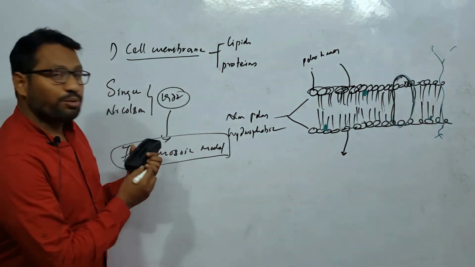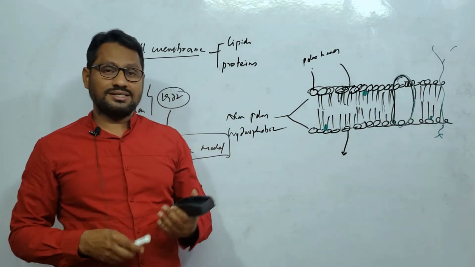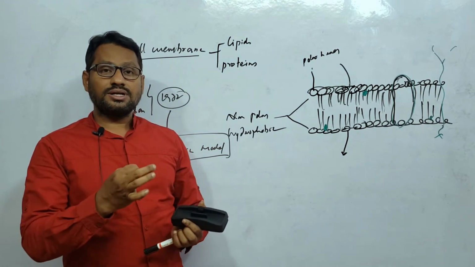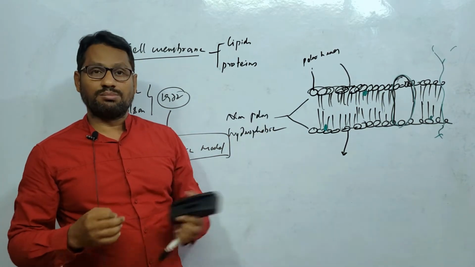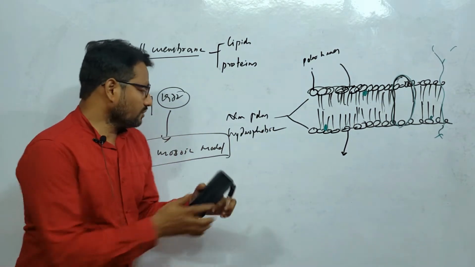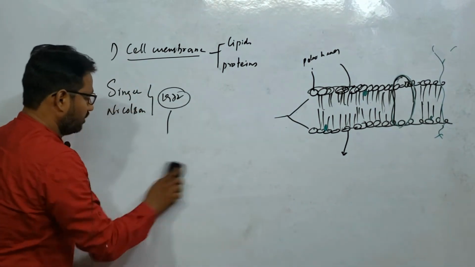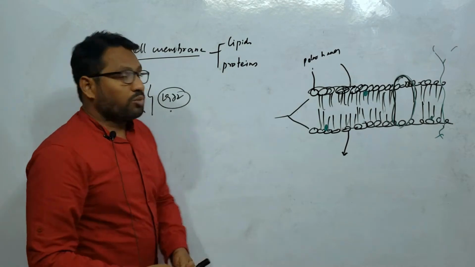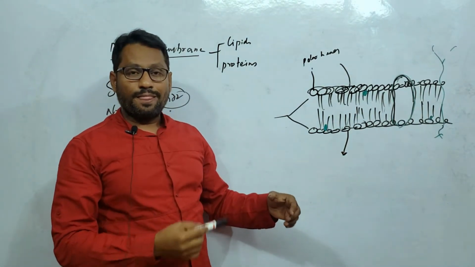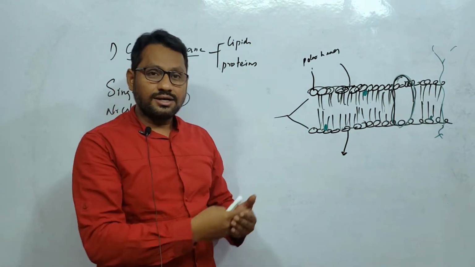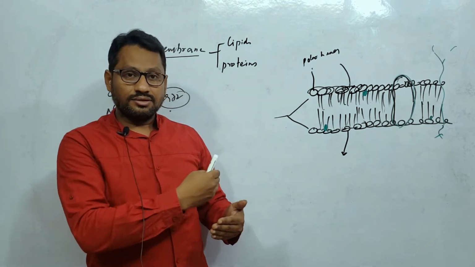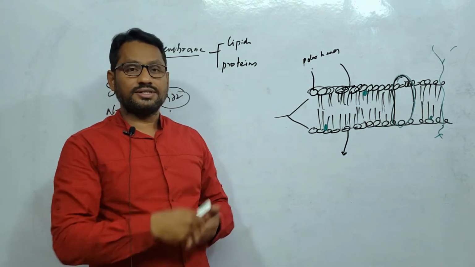And also, the most important function of the plasma membrane, that is the cell membrane, is transporting molecules across the membrane, because molecules are necessary for the cell to survive. They need molecules for certain functions.